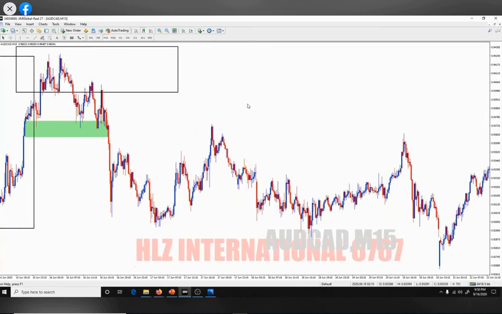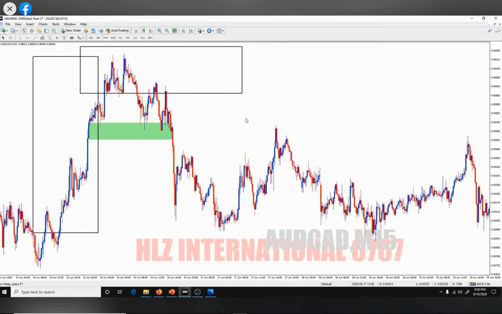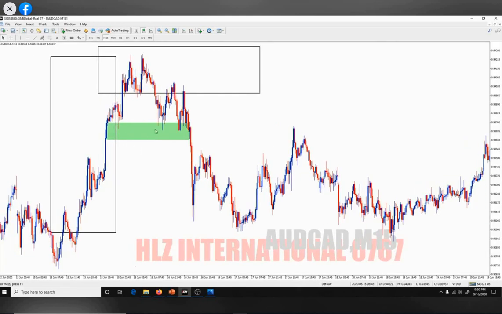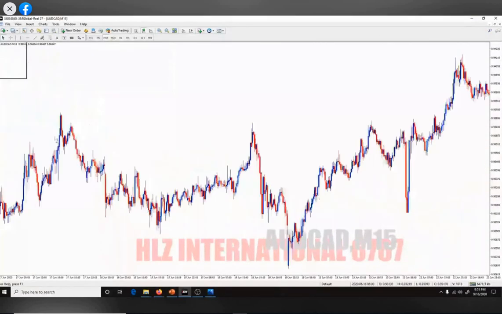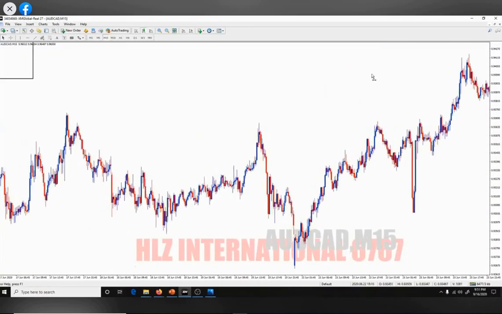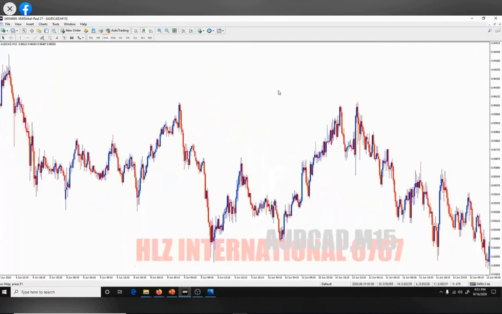Very easy how to identify the reaction by rejection by looking only at a very significant reaction by rejection, and then you can look to the left and ensure yourself that the price is coming from the RBR. Okay? Then you can look at how the price reacts. Very, very easy.